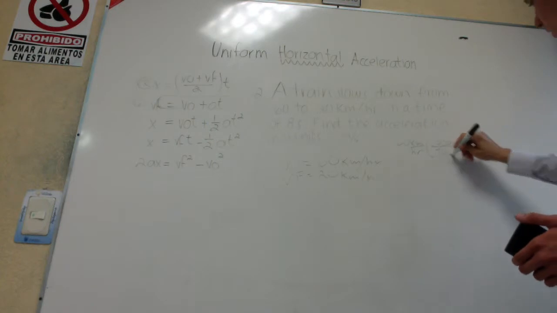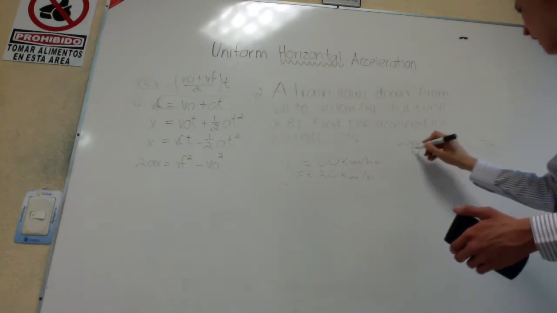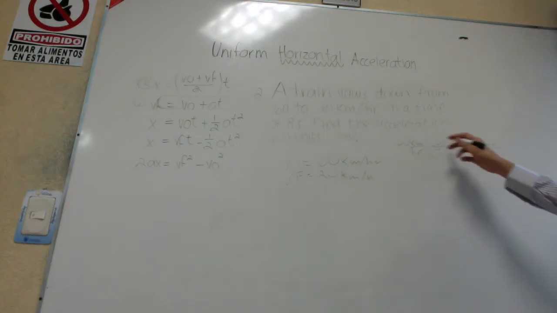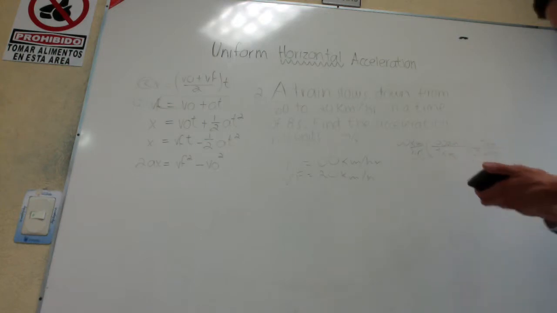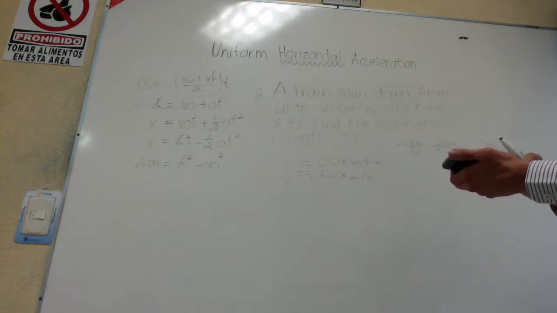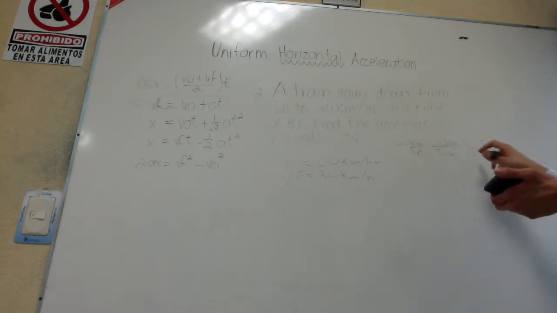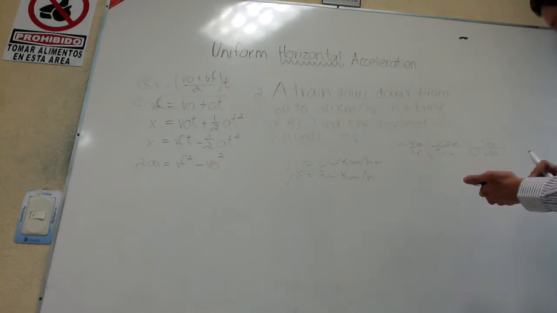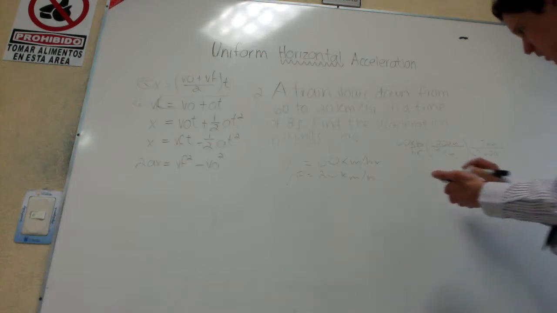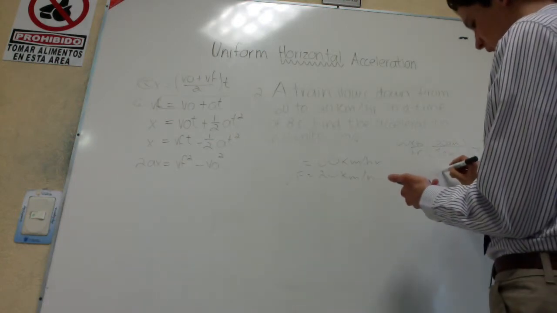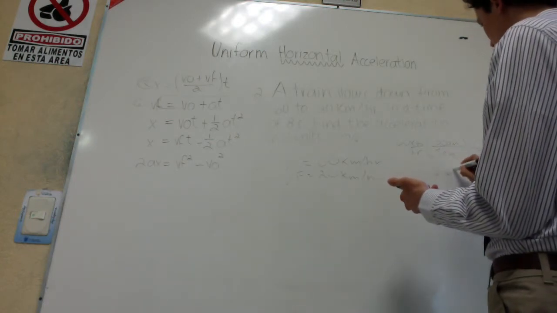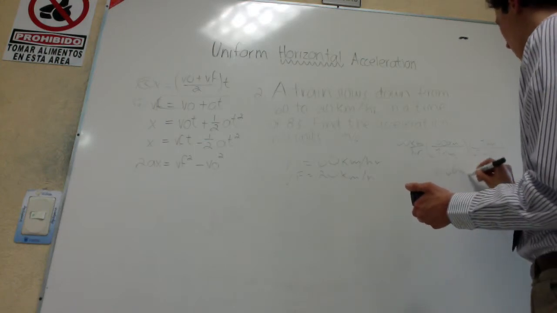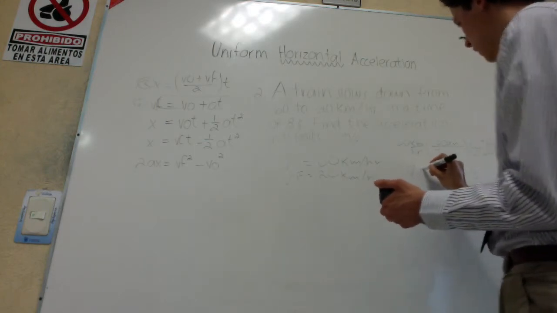Kilometers over kilometers eliminates. Hour with hour, and we get only meters and seconds. So it'll be 60 times 1,000 divided by 3,600. And we get 16.66 meters over second. This is our initial velocity.